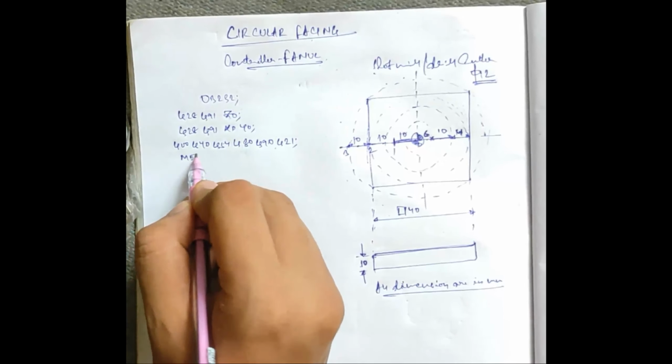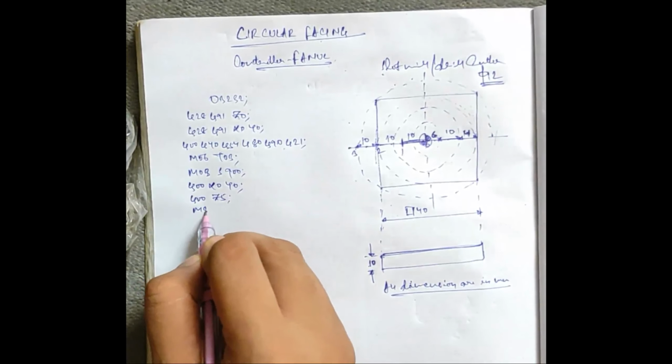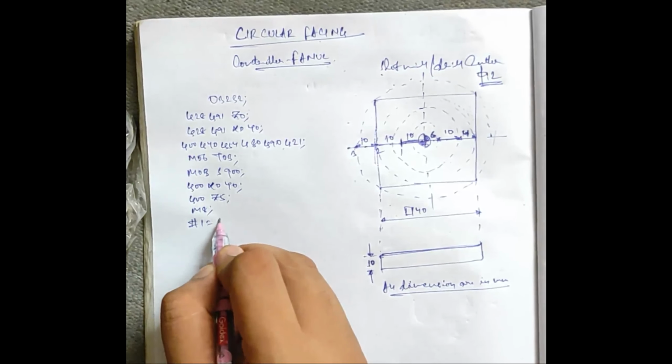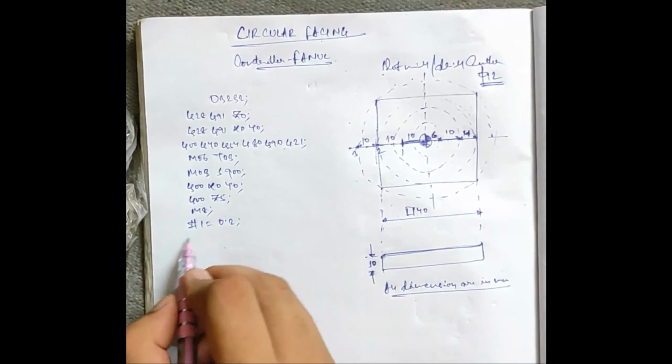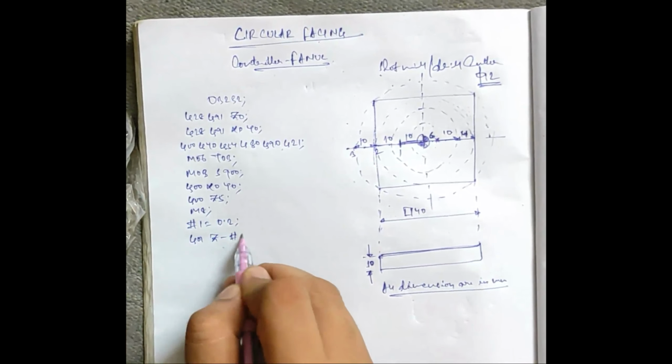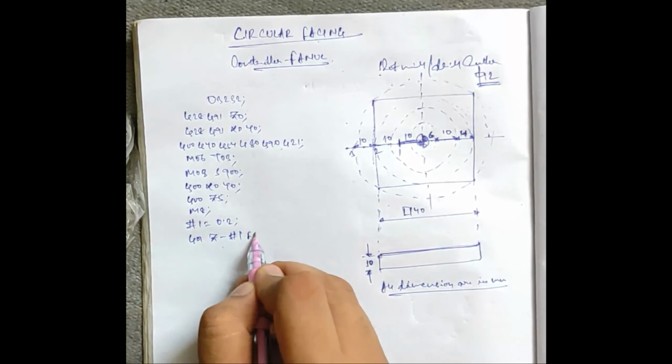Then G00 Z5, then coolant on M8, then H1 equal to 0.2, then G01 Z minus H1 F50.